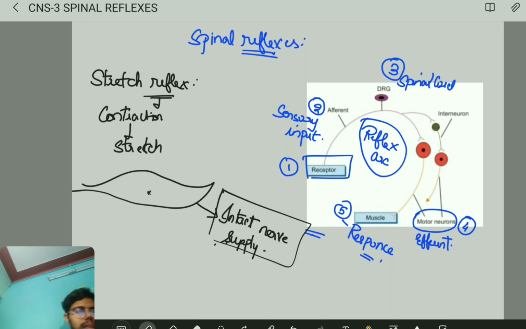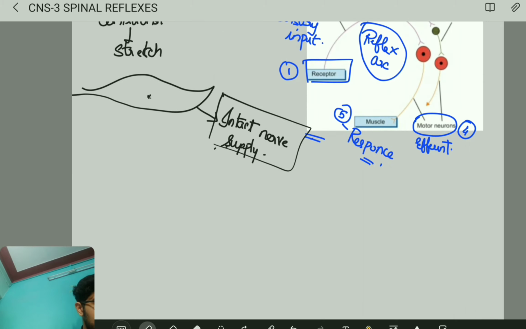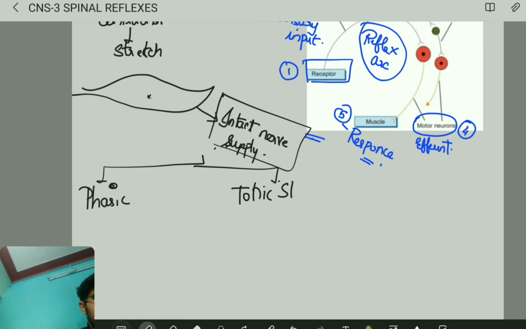This stretch reflex is of 2 types, that is phasic stretch reflex and then tonic stretch reflex.